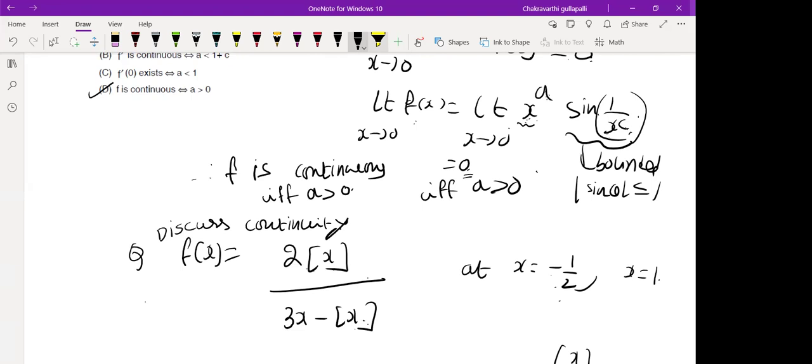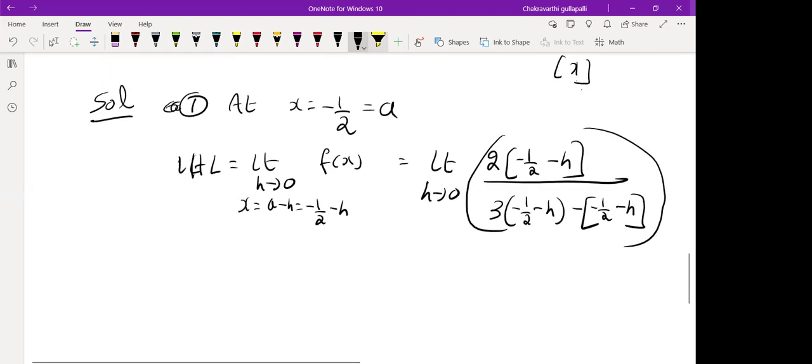Limit x approaching a of f(x) should be f(a). When you know the limit exists, you need not go for the LHL RHL concept. Here we already know box x limit exists at minus 1 by 2, so at minus 1 by 2 we need not go for LHL RHL. Directly we can evaluate. At integers, box x limit does not exist, so here it would be a waste of time.